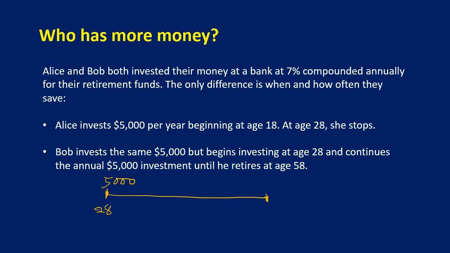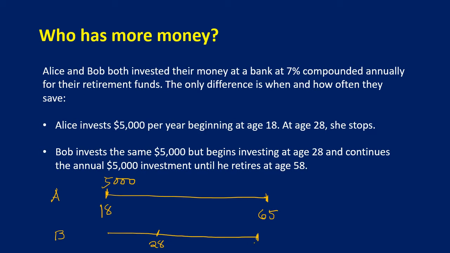All right. And then we want to know how much money will they have at age, let's say, 65. So this is for Alice. Whereas for Bob, invest the same 5,000, but oh, I'm sorry, Alice invested when she was only 18, but for Bob, he invested at age 28.